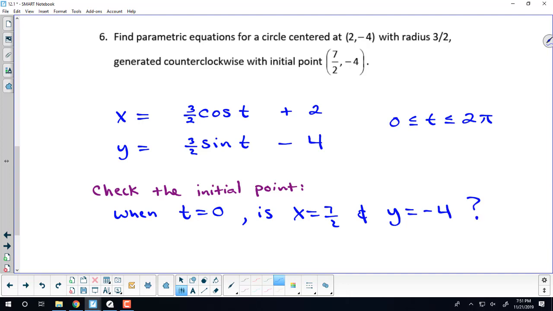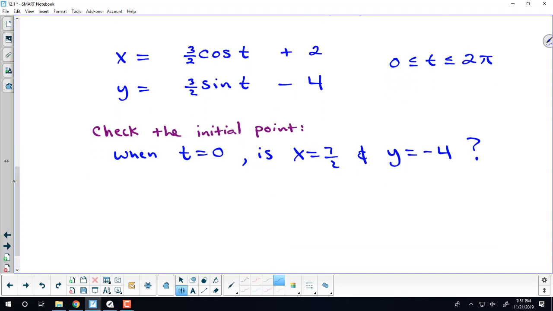That's basically what we're checking. If I put 0 into what I have come up with for x and y, do I get (7/2, -4)?